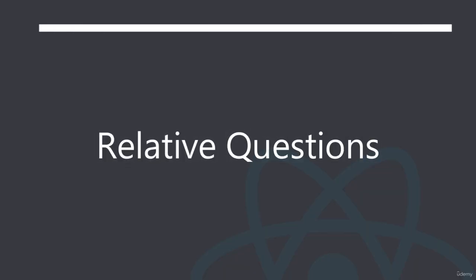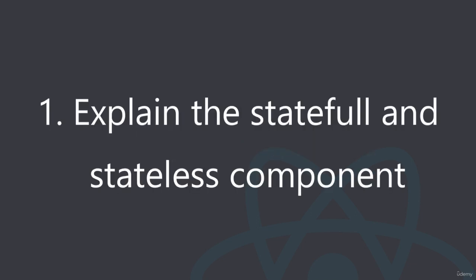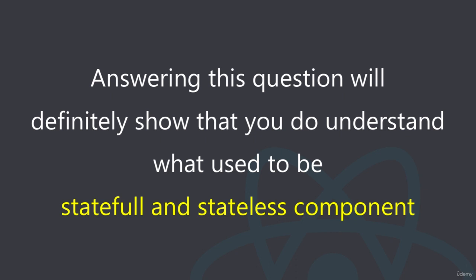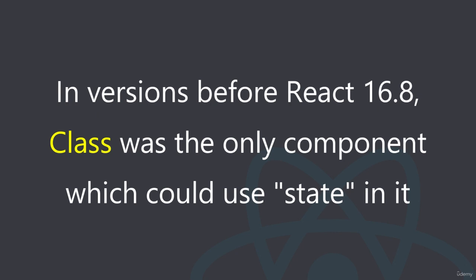So let's move on with the related questions. The first question is, explain the stateful and stateless component. This question used to be asked a lot when hooks were not there. But even till today, if you want to show that you have experience, then you should understand what stateful and stateless components used to be. In versions before React 16.8, class was the only component which could use state.